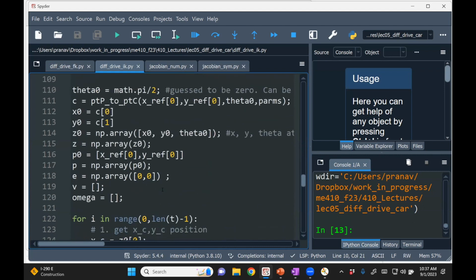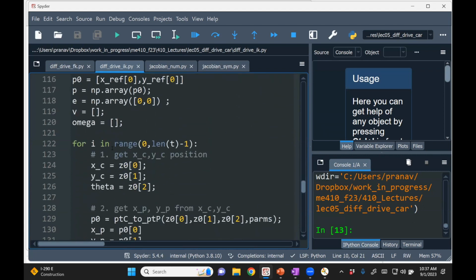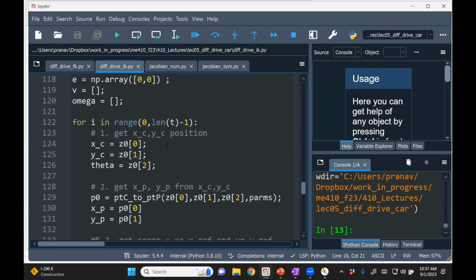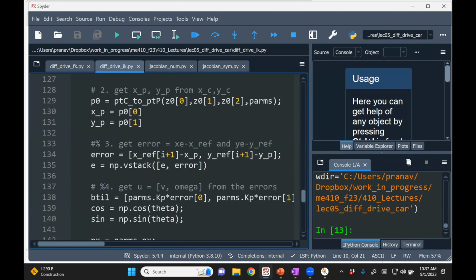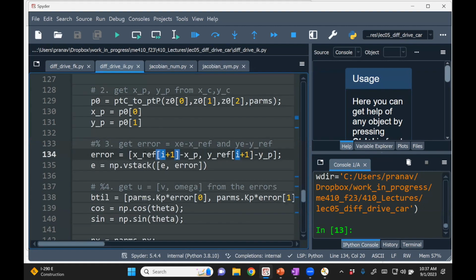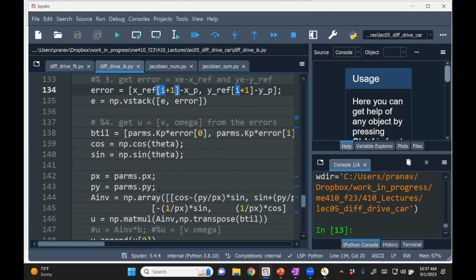So what this code does, and I've tried to comment it, is for the given reference motion, I compute the position of C, compute the position of P, and this is where the functions from C to P help. I compute the error. Error is basically the reference, the points on the asteroid, minus the actual position followed by the point P.